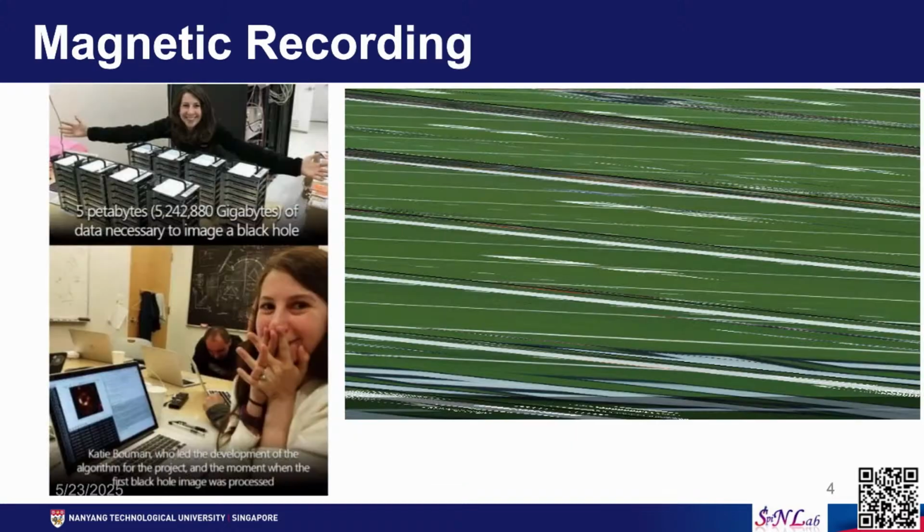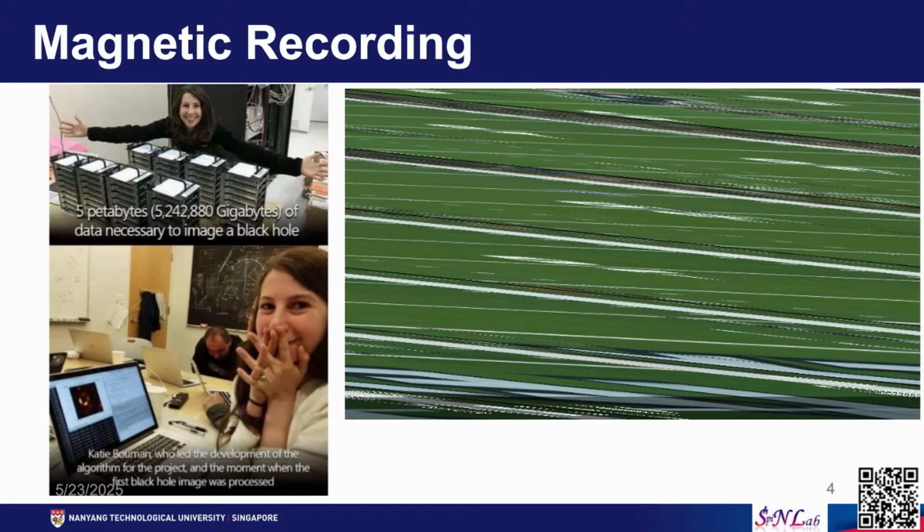And this is also another example where hard disk drives were used significantly. You would have known about the black hole image capturing. The black hole image was made using telescopes throughout the world.